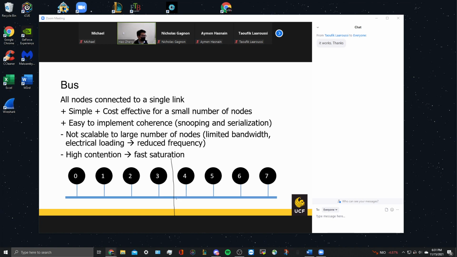Only one, right? So the bisection bandwidth is just this one link. Is that clear? So this is bisection bandwidth: we cut the entire network into two halves and count how many links go across the middle. Only one.